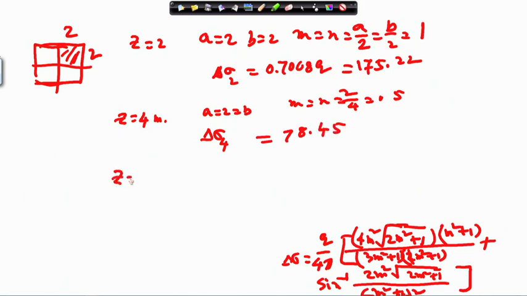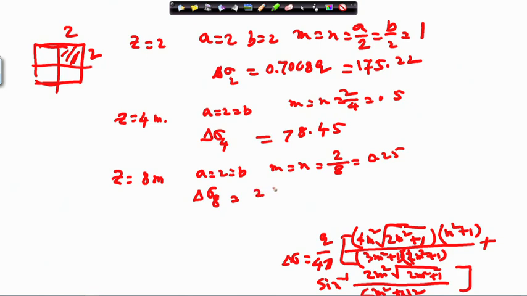Now, z equal to 8 meter, then your a equal to 2 equal to b. So m equal to n equal to a by z, so 2 by 8, so it will be 0.25. Then from this I will get delta sigma 8. If I put in this equation, I will get the value 26.15.